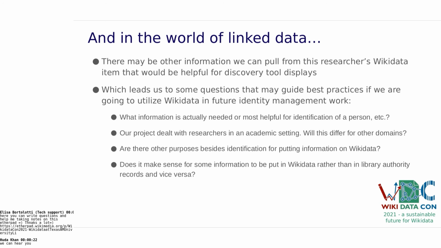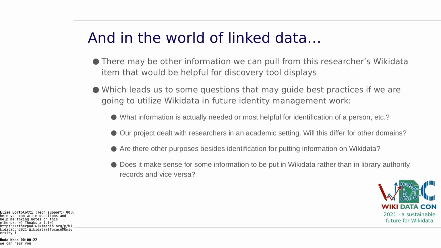But some questions that emerged for us were: what information is actually needed or most helpful for identification of a person or anything else that you put on Wikidata? In our case, our project dealt with researchers in an academic setting. Would this information differ for people in other domains? I believe there's a presentation later in the day on the performing arts, for instance.